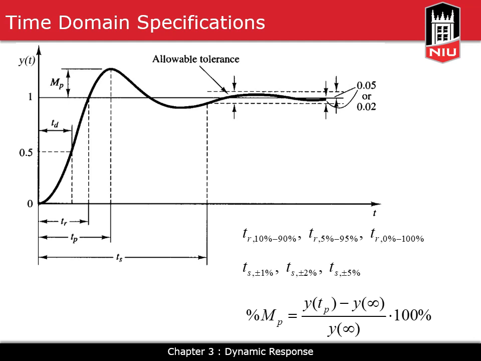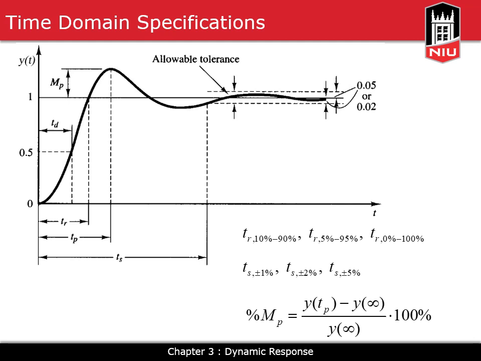Here is how a step response of a second order system would look like. This solid black line is showing the response of the system as a function of time. And we can see all the specifications of the response discussed in the previous slide in here.